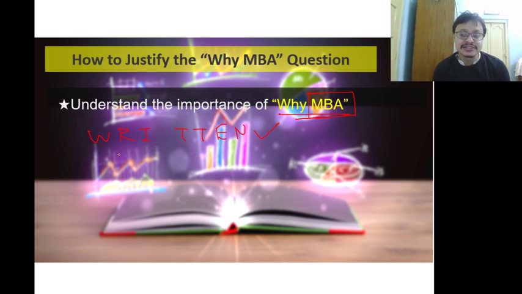The basic idea is they do not want people for whom getting admission to the top B school is the end goal. They want people for whom getting into the top B school is not the end goal, but only a medium which will help them get closer towards their end goals. So it's not about getting into an MBA program, but about knowing how the MBA program will help you going forward.